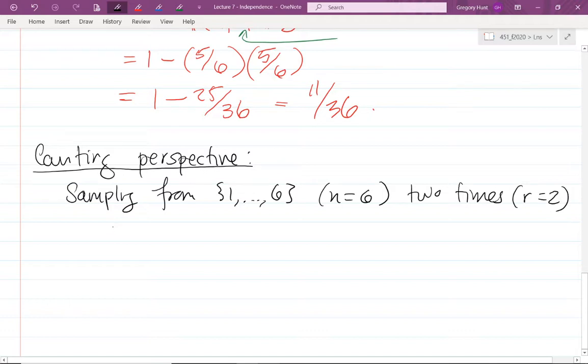And we can think about doing that with replacement. It's not like if I get a 6 on the first roll, I can't get one on the second roll; we can get 2 6s, for example.